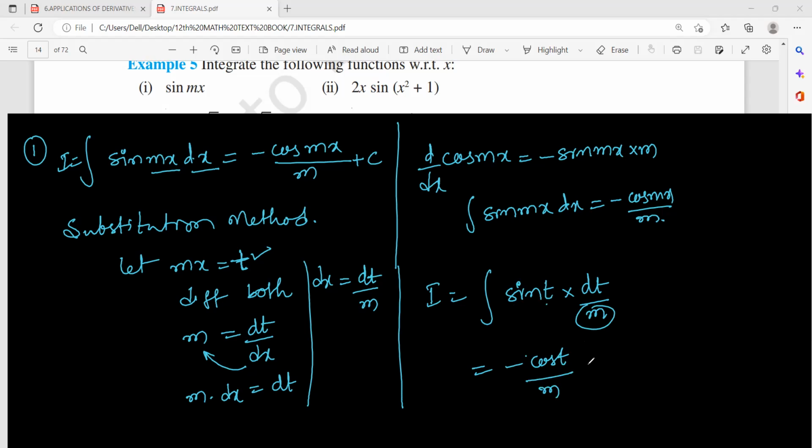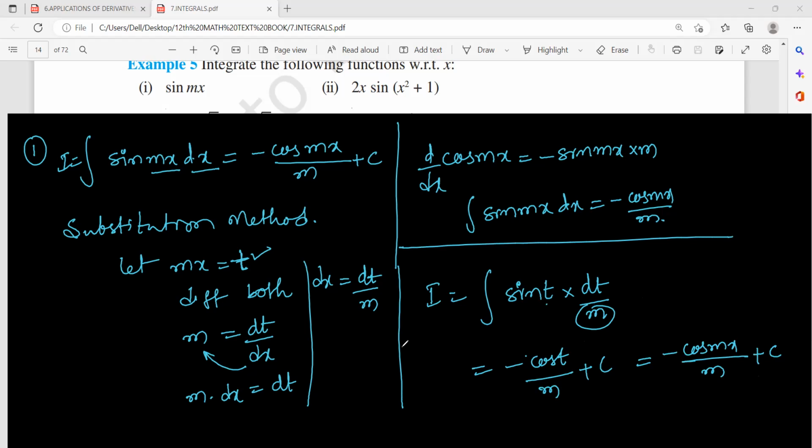For sin t, the integral is minus cos t plus c. Now you resubstitute: t is mx, so minus cos mx by m plus c. This is the substitution method.